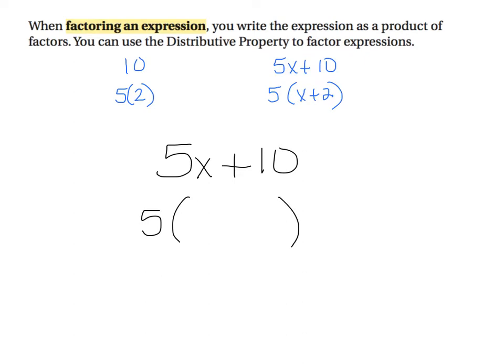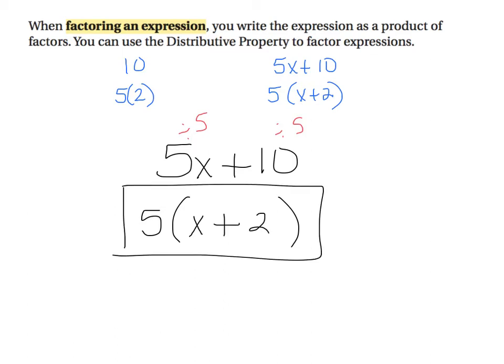Take the 5 and divide both terms by 5. Well, 5x divided by 5 gives us 1x, or just x, plus, and then 10 divided by 5 gives us 2. So this would be 5 times the sum of x plus 2. If you want to check your answer, you can just distribute 5 times x, 5 times 2. If you distribute this, you will get 5x plus 10.